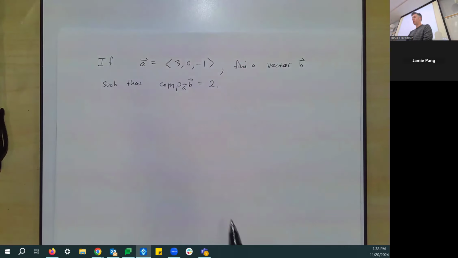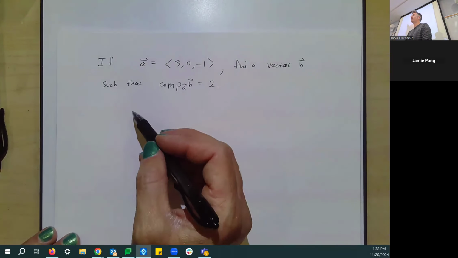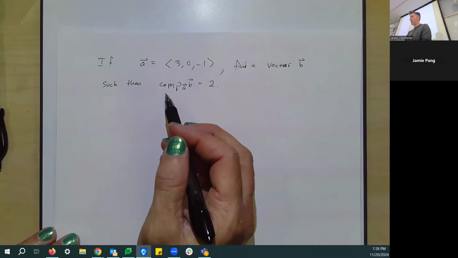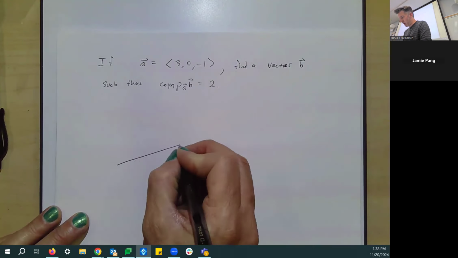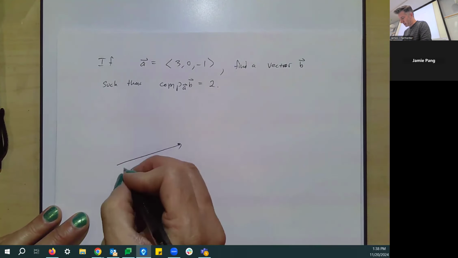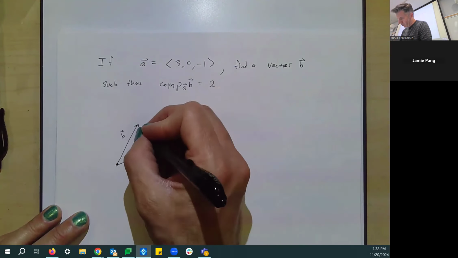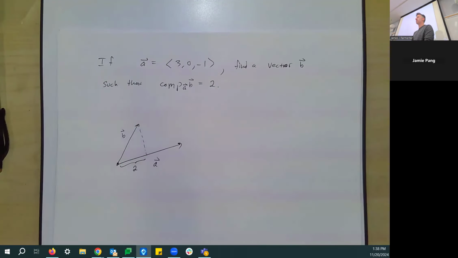And again, I'm just going to say every time, I really don't like this notation. When I see this, oh yeah, that just means that the length of the projection should be 2. So I'm thinking about my vector A here, looking like this. My vector B could be something like this, where when you drop this down here, whatever you're getting here should have a length of 2. That's what I'm seeing this problem asking me to do.